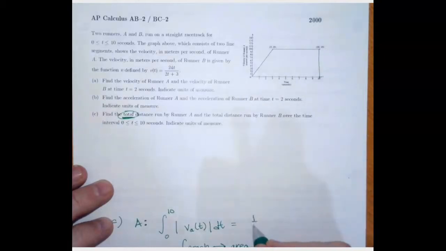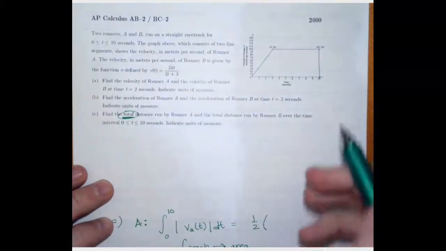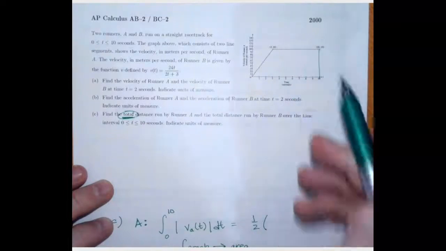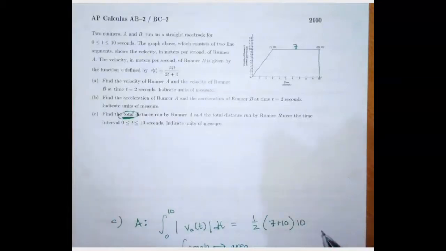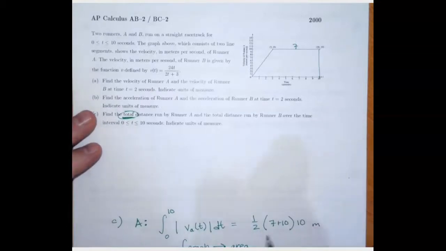So that's going to be a trapezoid, so it's 1/2 the top base, which is 7, plus 10 times the height, which is also 10. So, and then that's going to be meters. Now don't get confused. Well, that's an area.